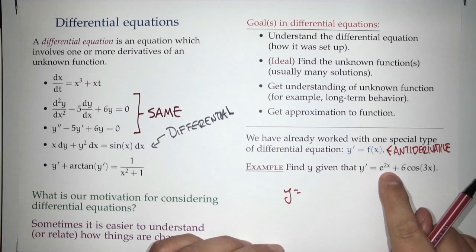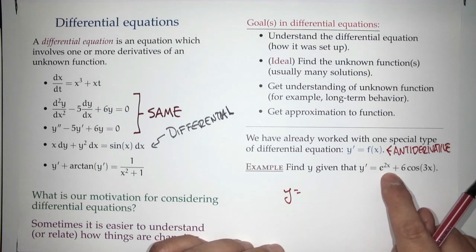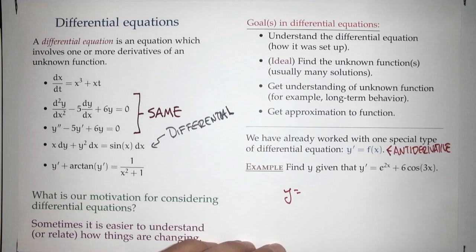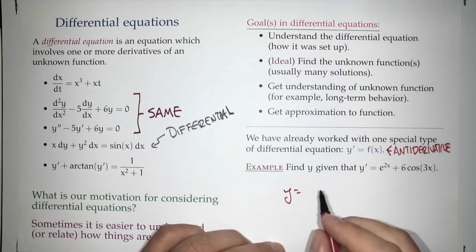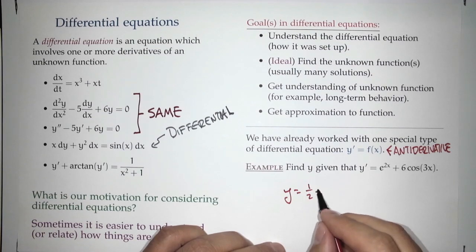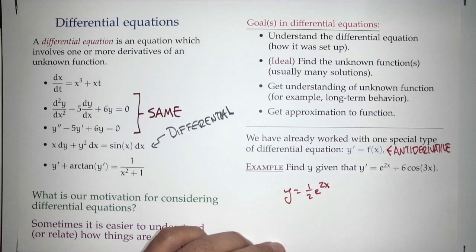All right, so what is y? Well, take the antiderivative. Antiderivative of e to the 2x? Half e to the 2x or 2 e to the 2x? Yeah, it's a half. You're right. But I said that, Steve. I know. I just like to test.